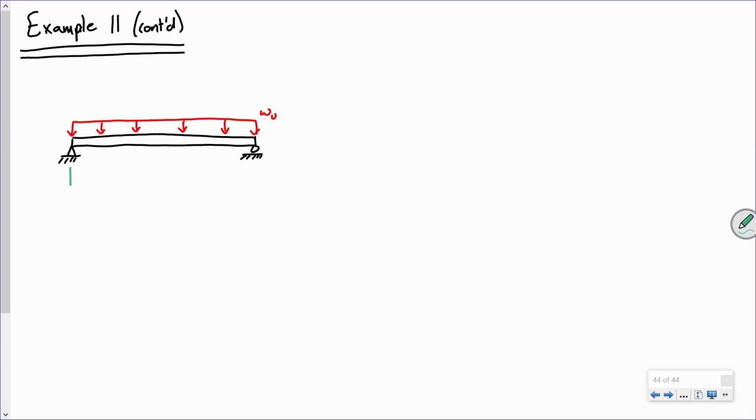I'm going to have some reaction here, some reaction such that that length is L, so on and so forth. Everybody okay with that? What can I do with that distributed load? Turn it into a point load, and then we can say I've got this point load in the center.